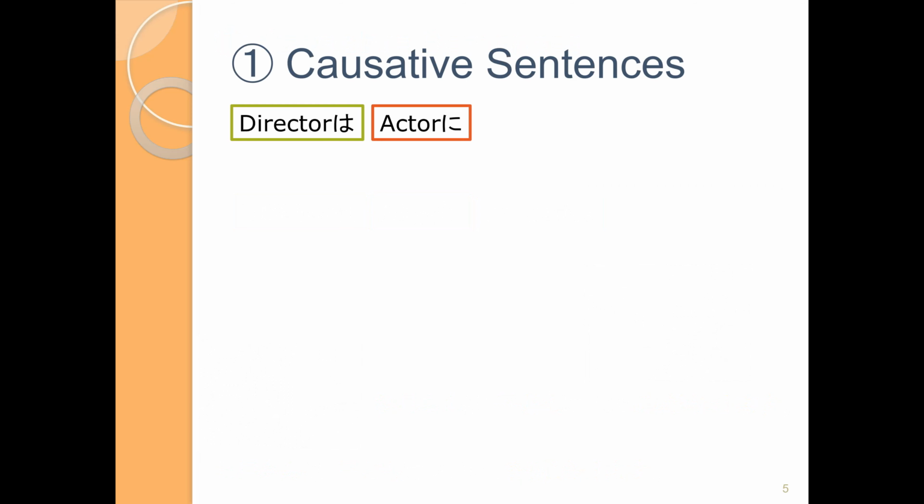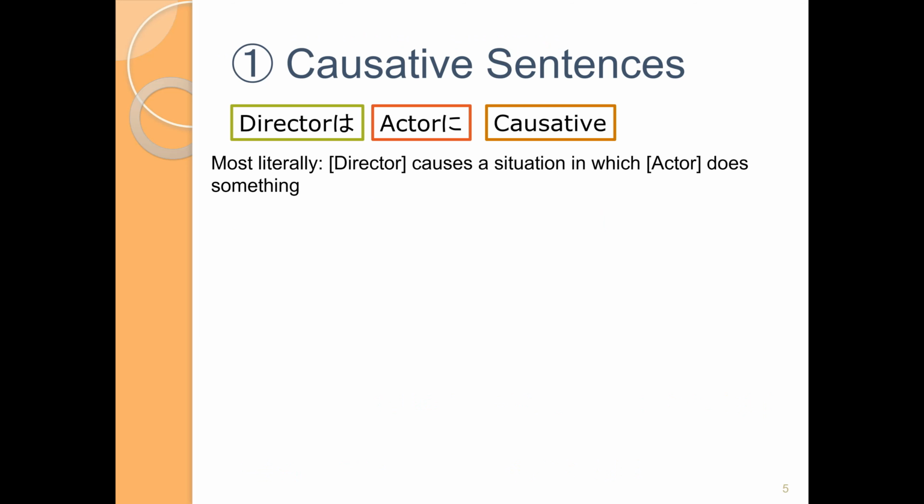お母さんは, so the director は, 子供に, the actor に, 磨かせます。お母さんは子供に掃除させます。So the person who makes someone do something is marked with the wa, and the person who does it is marked with ni. So the reason we call this the causative is because, very literally speaking, this is a case where the director causes a situation in which the actor does something.